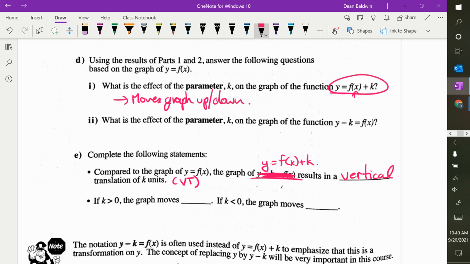You can actually just say up, down. I don't care how many units. So if k is greater than 0, i.e. if k is positive, we go up. If k is negative, we go down.